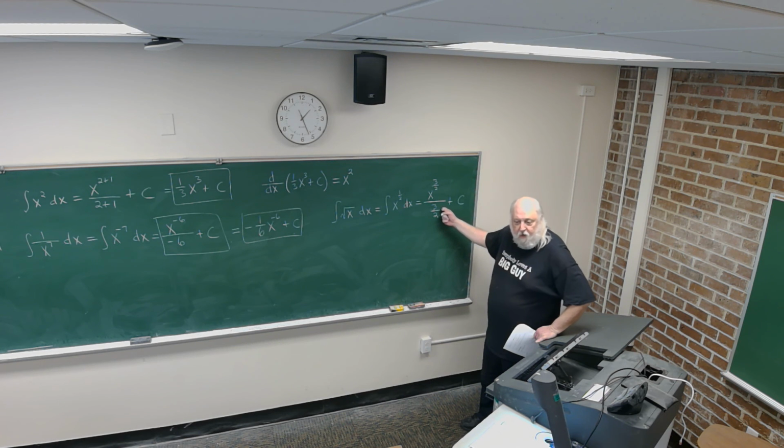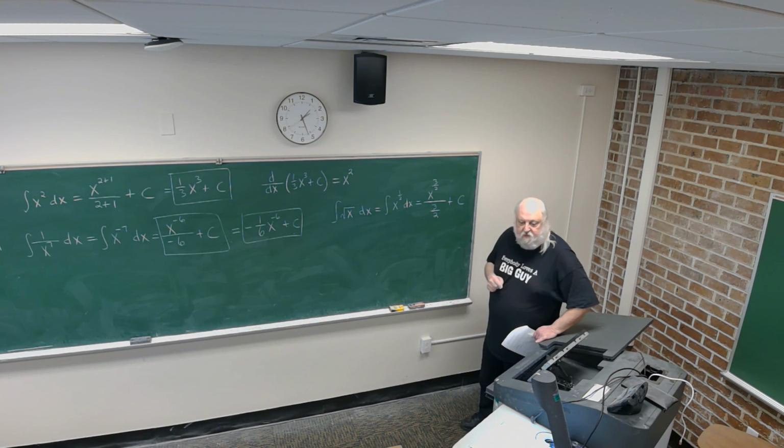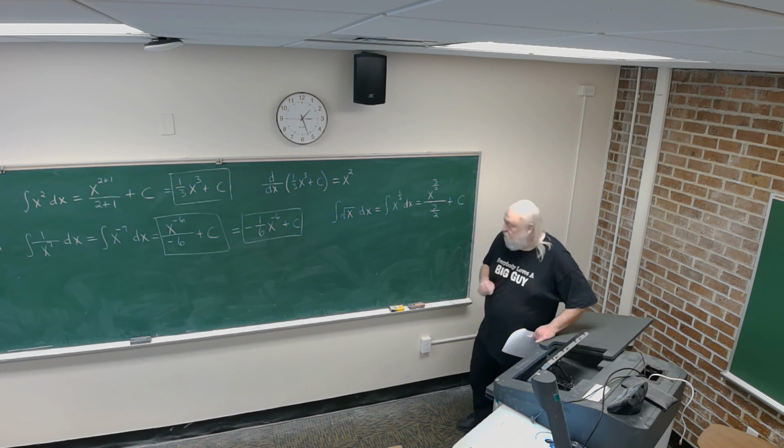Now I may require you to simplify. Don't divide by fractions, right? So 1 over 3/2 is equal to what? Multiplying by 2/3. It's 2/3, right?